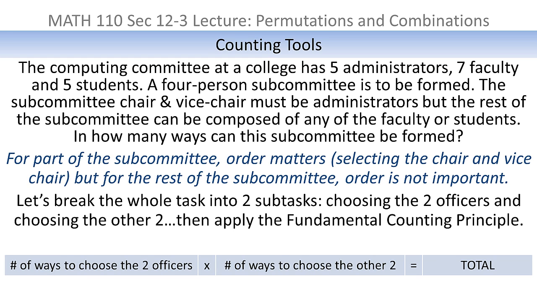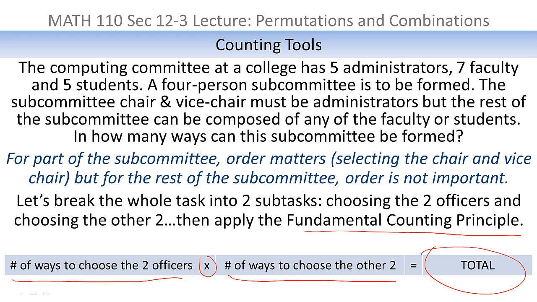In other words, the number of ways to choose the 2 officers times the number of ways to choose the other 2 is going to be the final answer. So I've broken this problem into 2 tasks. Task 1 will be choosing the two officers, and task 2 will be choosing the other two, and then I just make the product of those two subtask solutions to get the final result that I'm looking for. So that's my strategy. Divide and conquer.